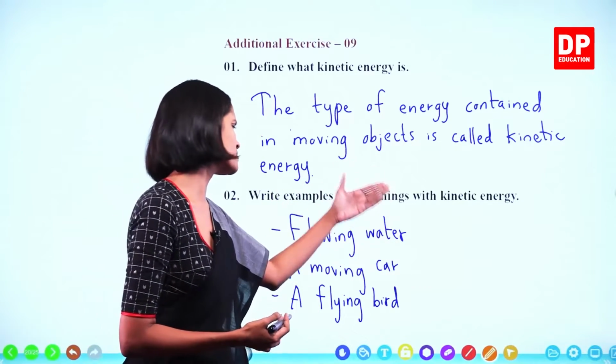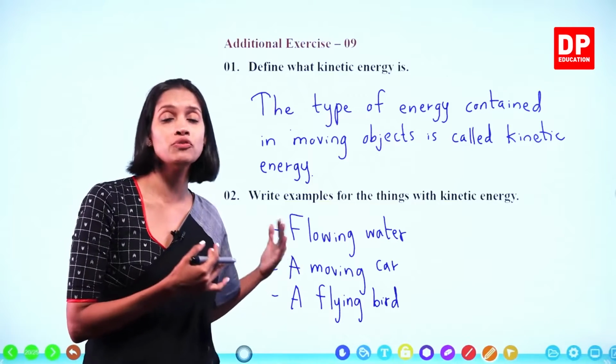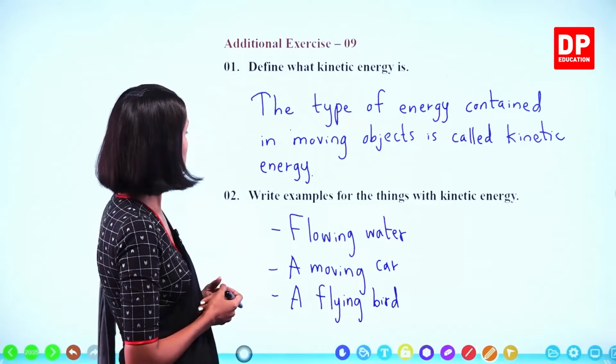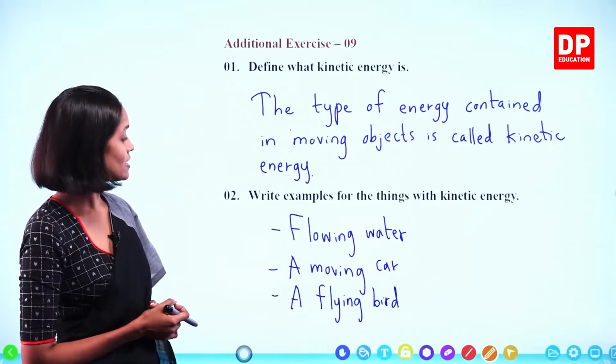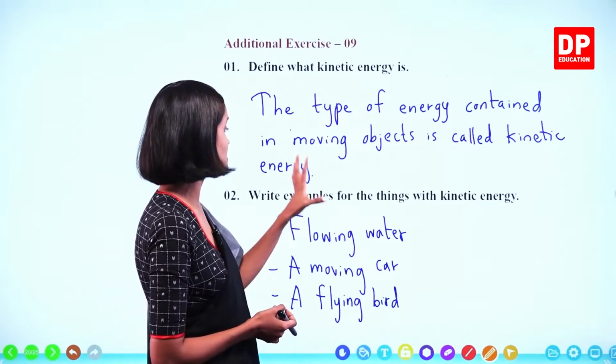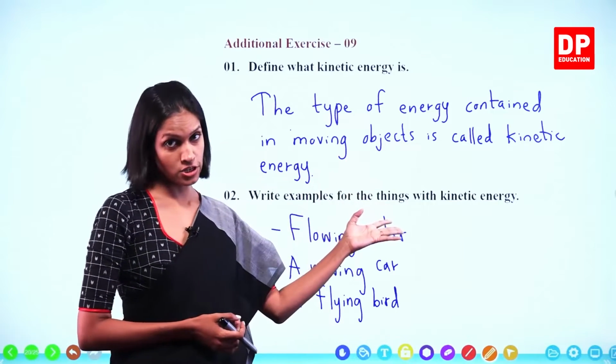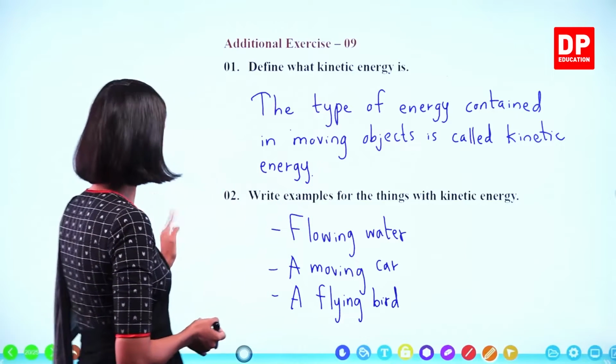Different other examples. Many examples you can write even before we wrote some examples, okay? A flowing water, moving car, a flying bird, they all contain kinetic energy, right? We'll move on to the next.